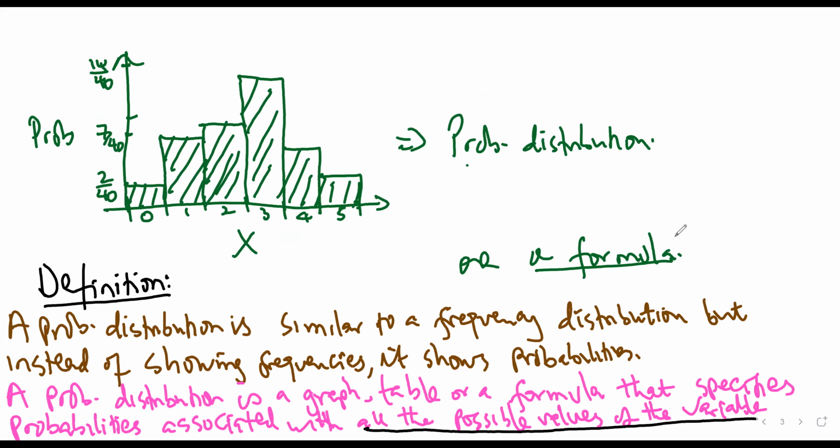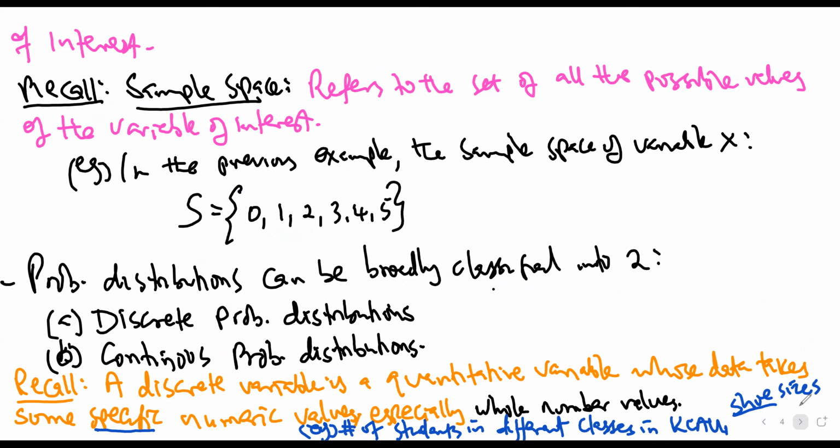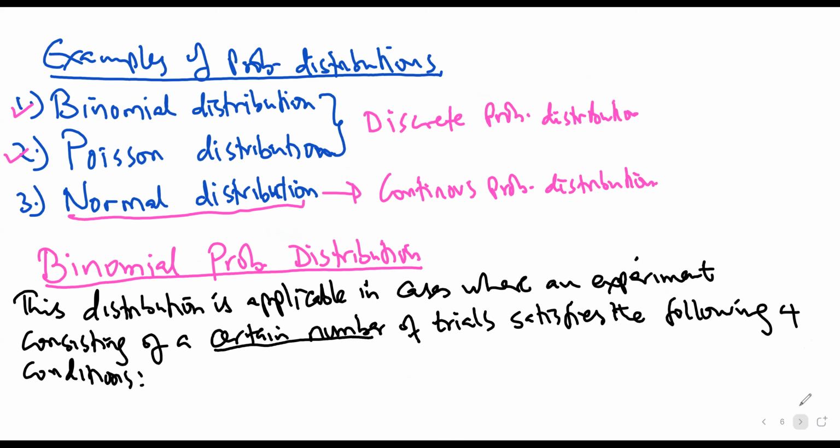So we'll come up with a formula for the binomial distribution, and that is what we shall be using to calculate the probability of occurrence of different values of our variable x. We're going to do that by conducting what we call general binomial experiments. So let's look at the general binomial experiment.